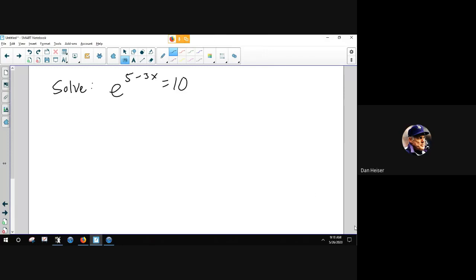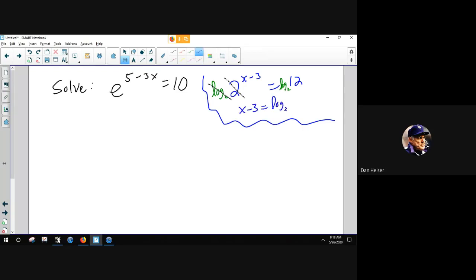Over here, if I had 2 to the x minus 3 equals whatever, 12, and I want to get that variable out of the power, I would have to do log base 2 to both sides. Because that allows me to cancel that, and then I would have just x minus 3 is equal to log base 2 of 12, and I would go from there.